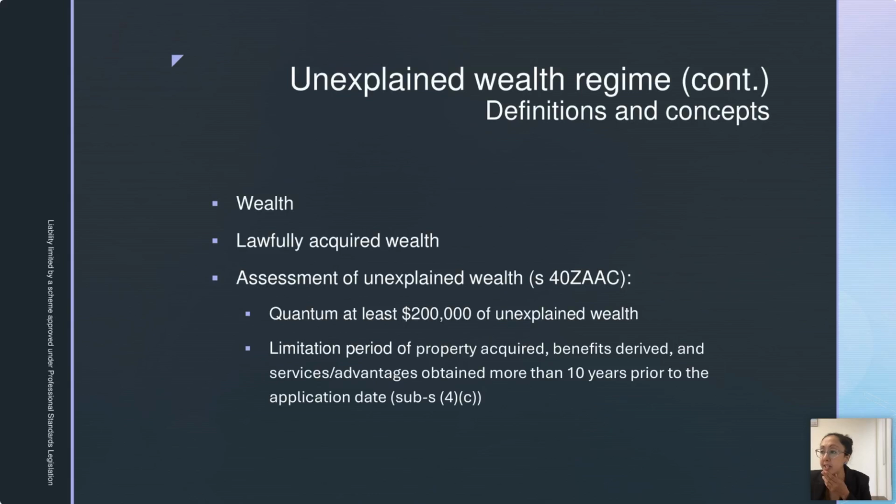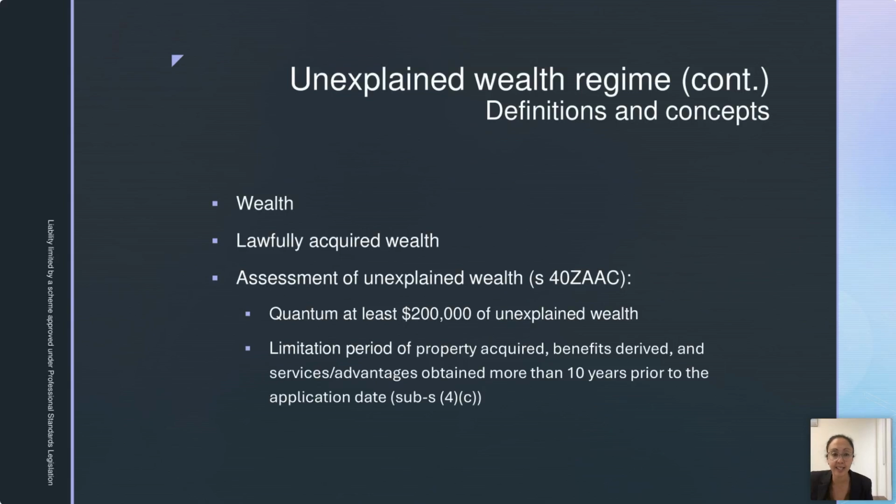Wealth is defined in the Act as meaning the value of the property in which the person has an interest or otherwise is subject to their effective control, the benefits the person derives, the benefits another person derives at the direction or request of the person, the services and advantages the person obtains, or the services and advantages another person obtains at the direction or request of the person.